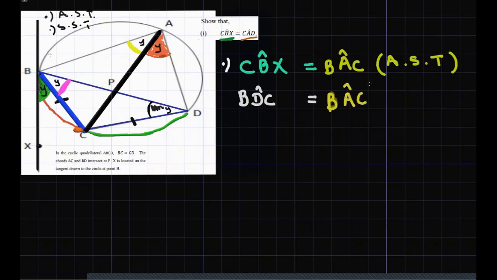Angles subtended by the same arc at the circumference are equal. What's the name of that theorem? Same segment theorem, or angles in the same segment. We can write angles in the same segment.